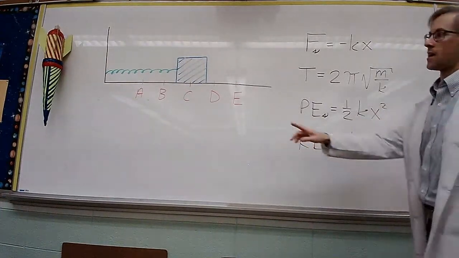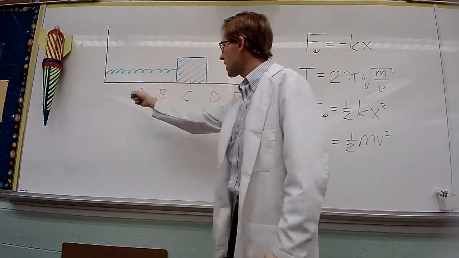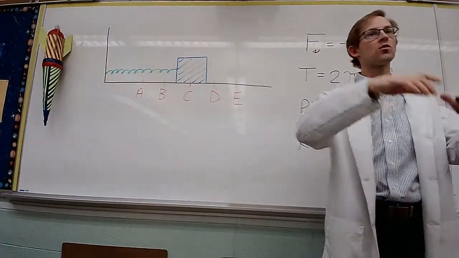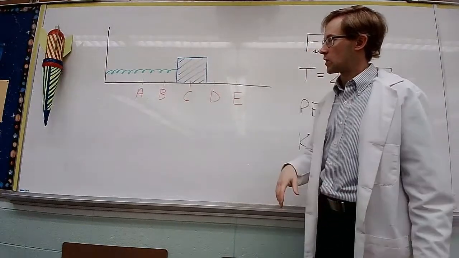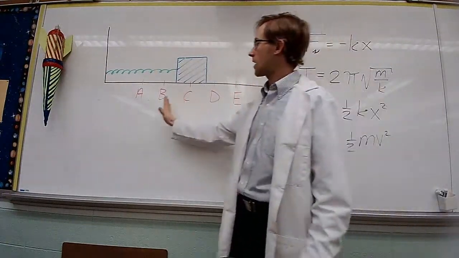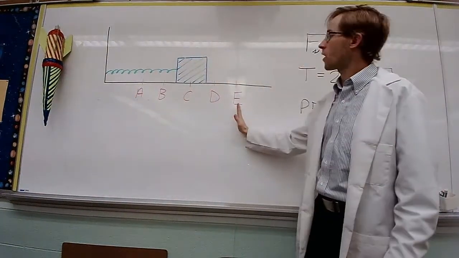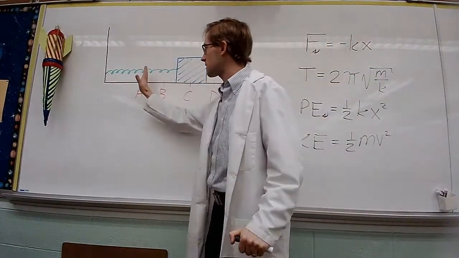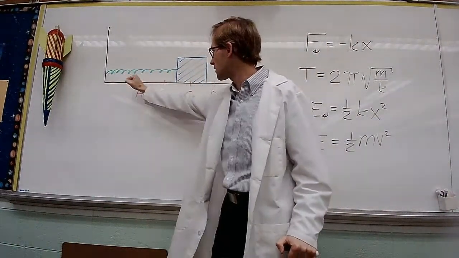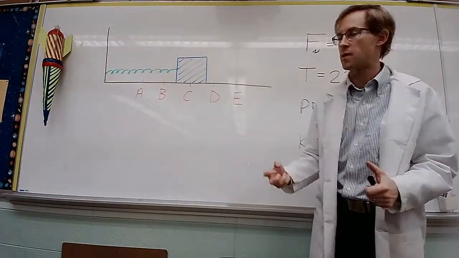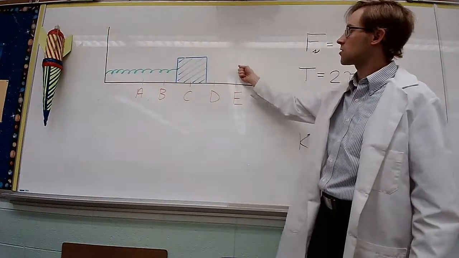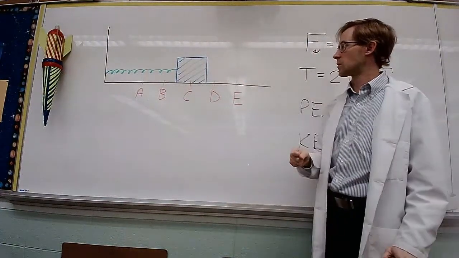So as this mass oscillates back and forth, its spring potential energy grows and dissipates. Its maximum spring potential energy would be located at points A and point E as the spring is compressed and it's got that spring potential energy, and when the mass is all the way over here, and now it's stretched to its maximum distance, then it also has a good amount of spring potential energy.